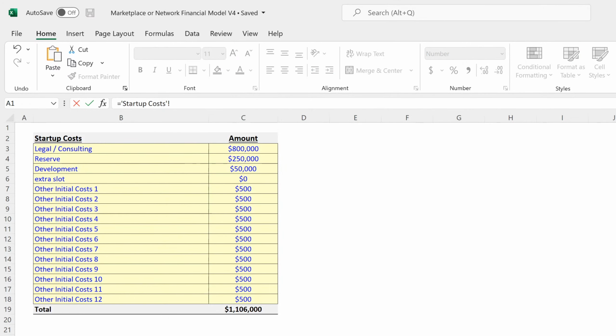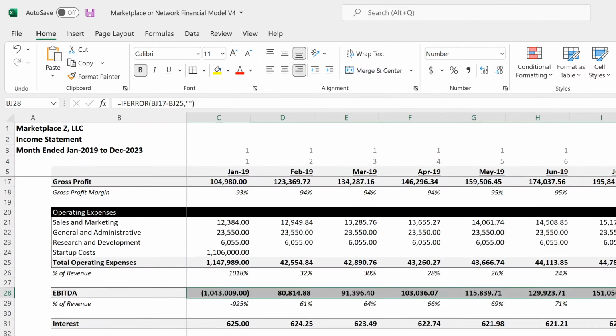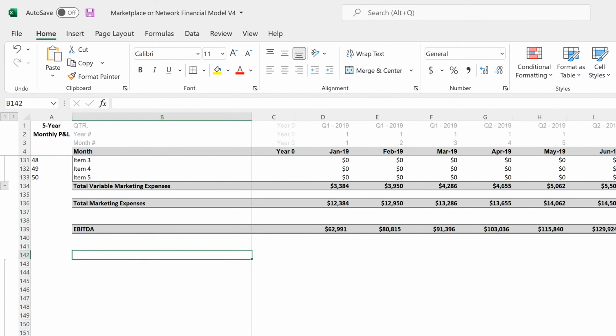So let me sum that up. 325,569, and what did we get? 323. Oh wait, we gotta subtract the startup costs. 323,357,835. Yep. Okay, so that matches. So we've captured everything that exists here for EBITDA.